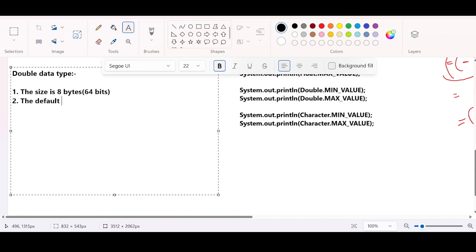The second thing is the default value. What is the default value of the double data type? 0.0d. It is just like this.